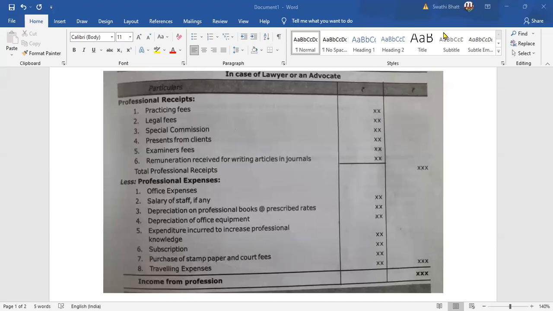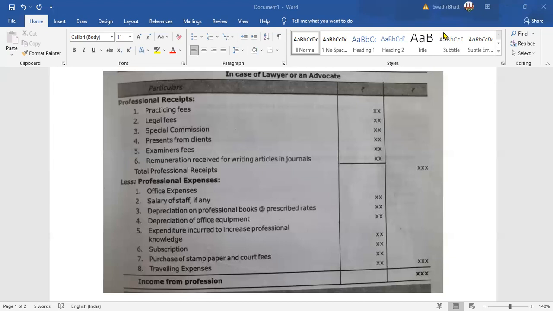Generally, when it comes to a lawyer, the receipts will be practicing fees, legal fees, special commission. Sometimes his clients will also give him presents. Sometimes there is examiner fee, and he would be writing articles in professional journals, and whatever remuneration he gets from writing those journals will be considered as his professional receipt.